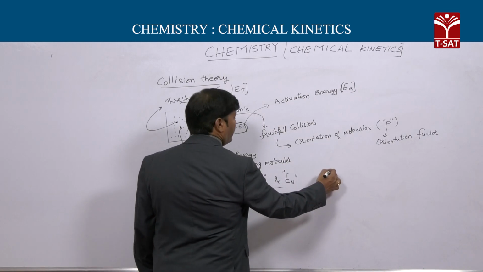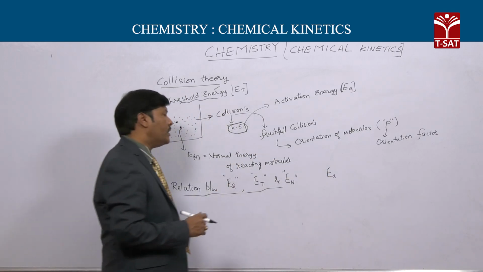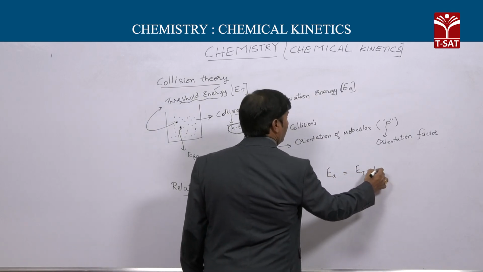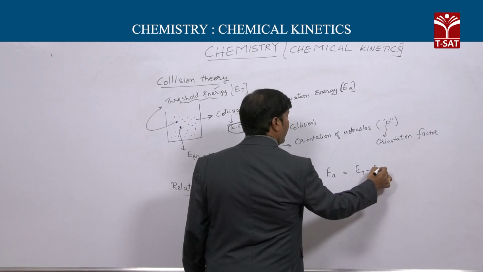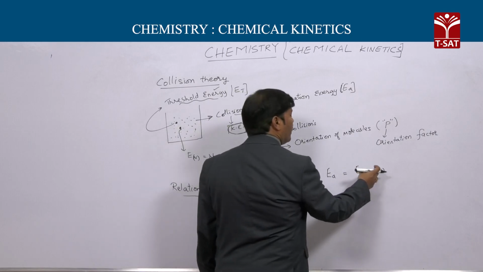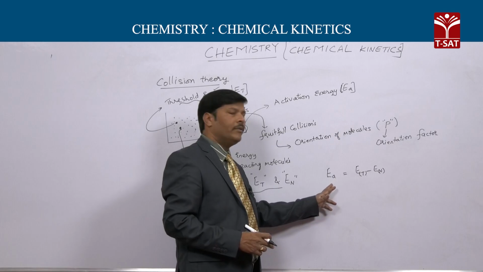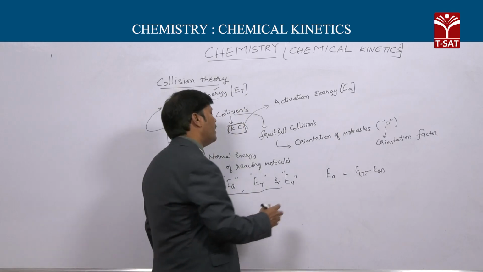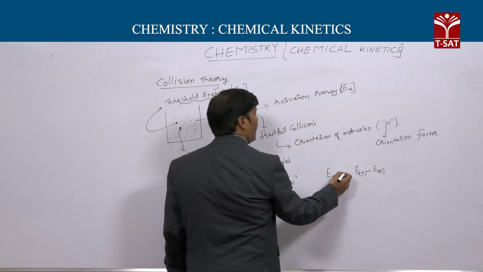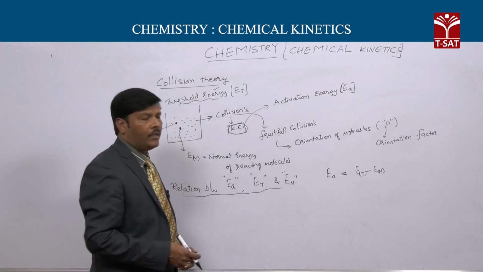The activation energy of the molecules which are trying to gain excess energy to participate in fruitful collisions is equal to threshold energy minus the normal energy of the reacting molecules. The difference of threshold energy and normal energy gives us the activation energy. So activation energy is equal to the difference of threshold energy and normal energy of the reacting molecules.